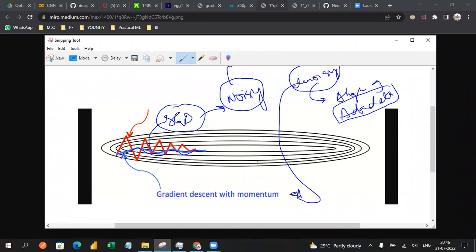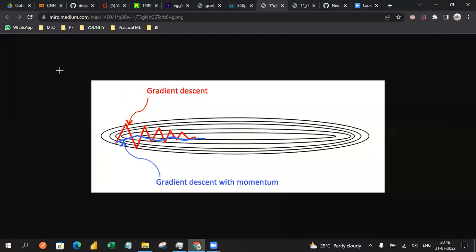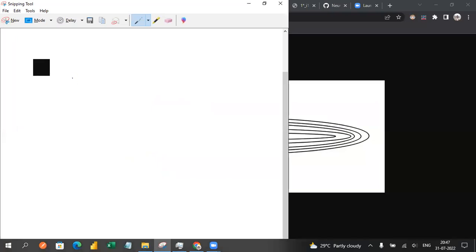The momentum is slightly correlated with it. Suppose you have a computation of weights: w new is equal to w old minus eta times, where eta is called the learning rate, times dL by dw of the old updated weights. So what will happen eventually?